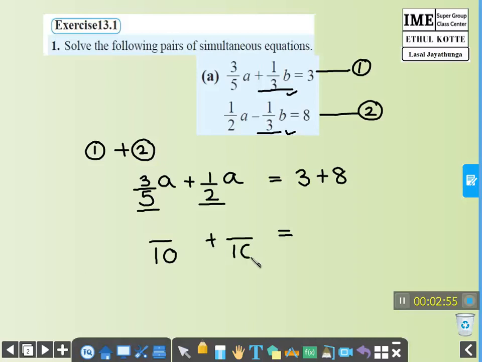To make 5 as 10, multiply by 2, 6a. To make the other one, 2 as 10, multiply by 5, then 5a. When you add the other two, 3 plus 8, 11.